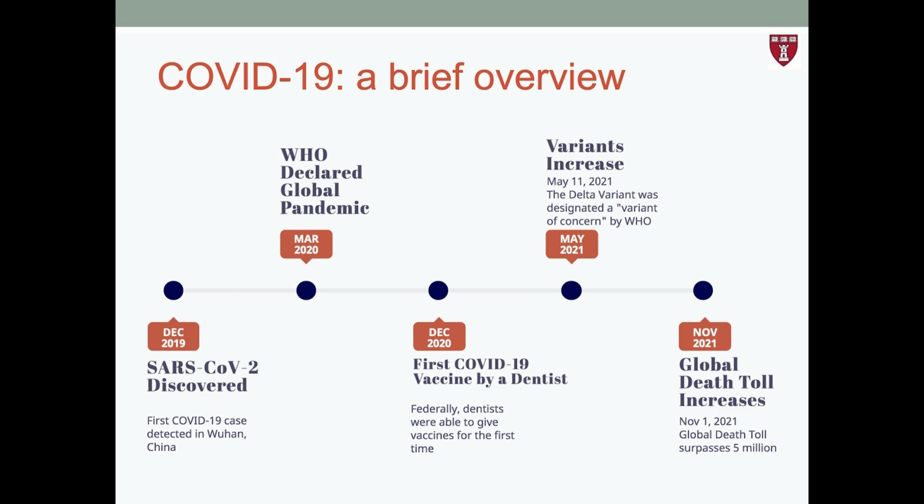Yet, while vaccine access increased, vaccine nationalism and stockpiling among high-income countries left low-income countries with less bargaining power to combat the emergence of more transmissible and dangerous COVID-19 variants. By November 1, 2021, the global death toll had reached 5 million individuals.